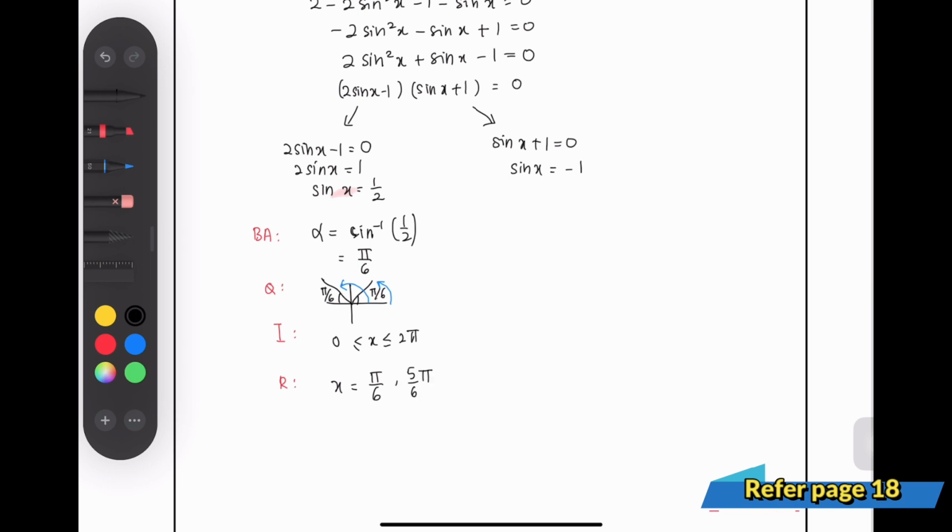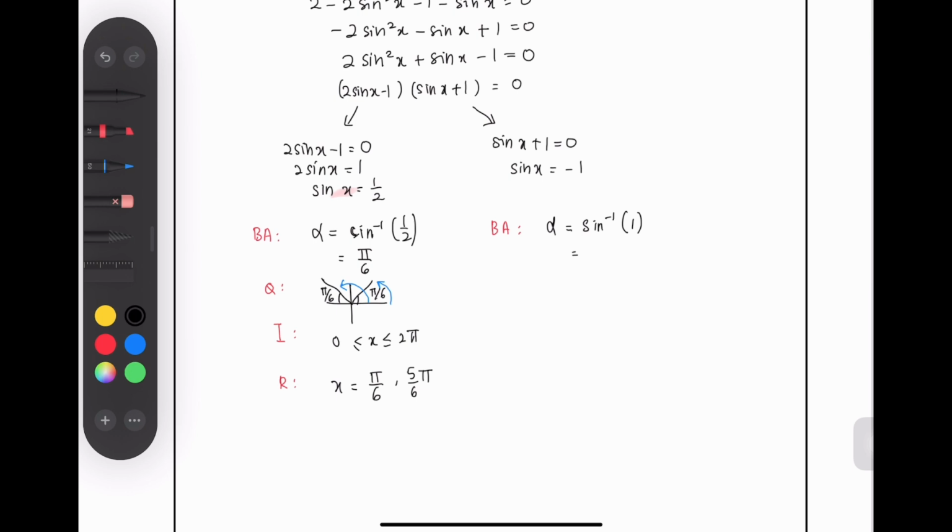Okay, let's take a look at the other set of answers, which is sine x equals negative 1. Repeat the same process again. You have to find the basic angle, alpha, so arc sine 1. We're going to ignore the negative because the negative will be considered during the quadrant.